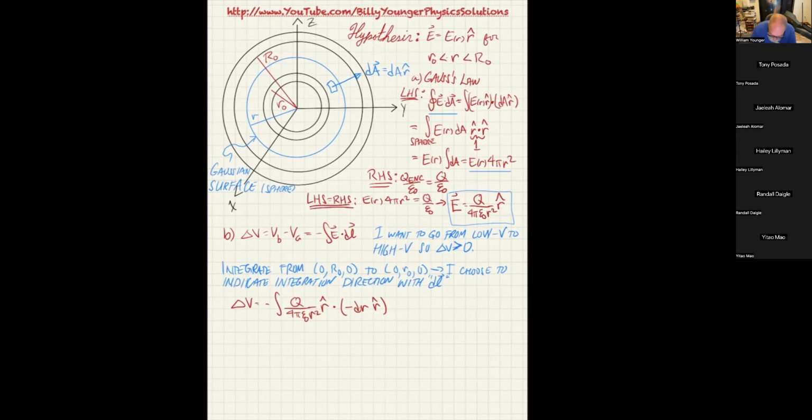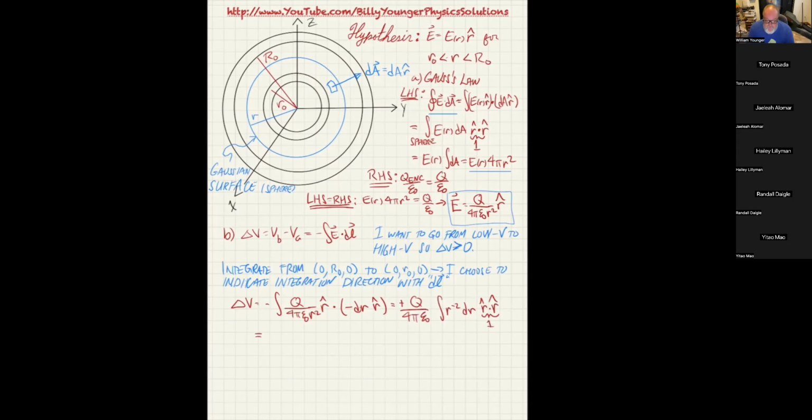So when I do this integral, I can pull out all these constants. So I've got a negative inside, I've got a negative outside. Those two combine to give me a positive. I've got a Q and a 4 pi epsilon naught. And then all I have is the integral of r to the negative 2 dr r hat dot r hat, which we know is 1, again using the linearity of the dot product.